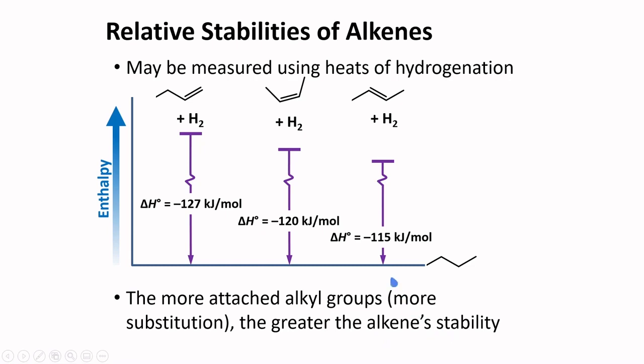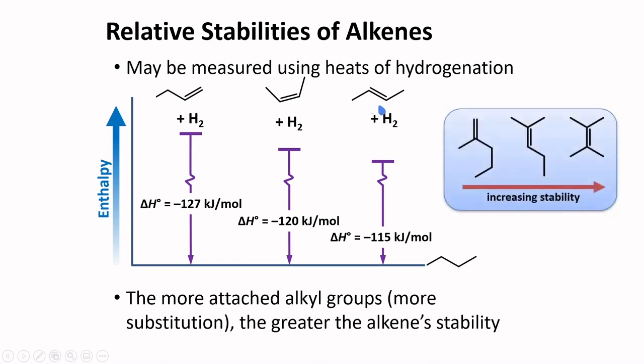Also, cis-alkenes are considered to be less stable than trans-alkenes. Consequently, these isomers with double bonds that are disubstituted, trisubstituted, and tetrasubstituted are ordered in increasing stability.